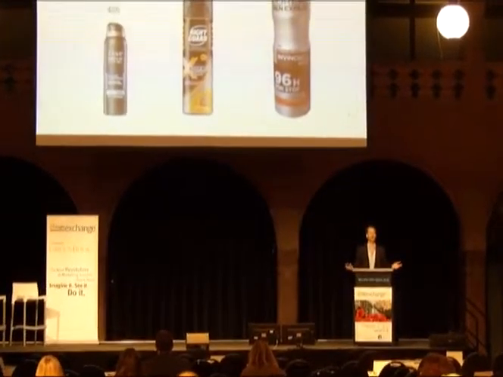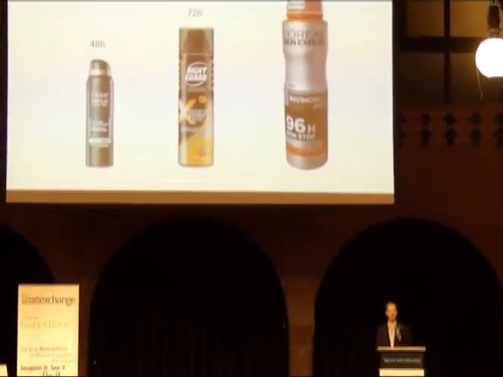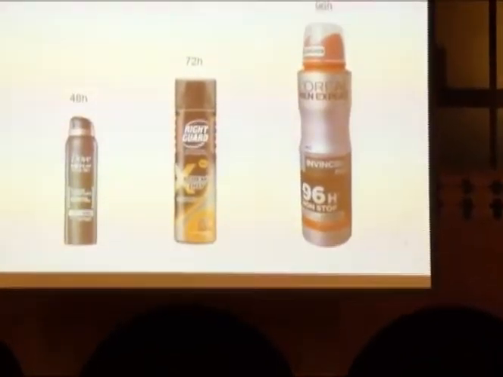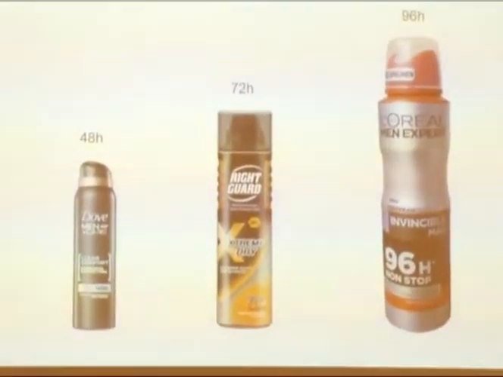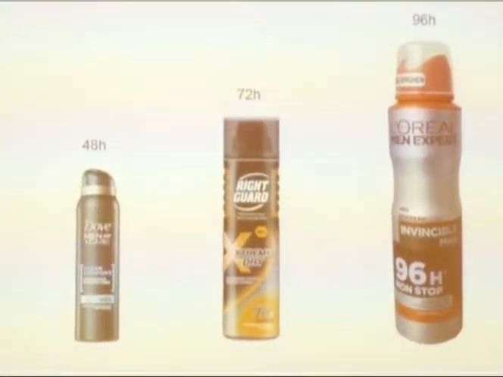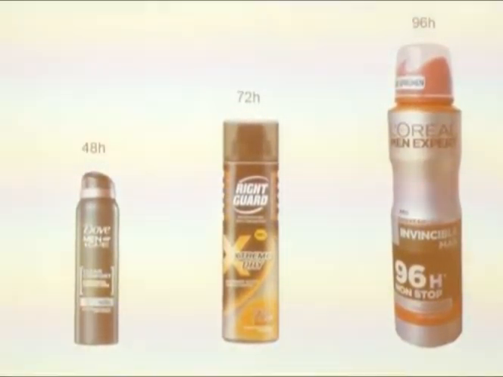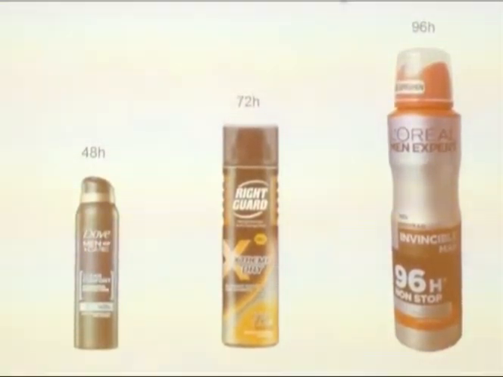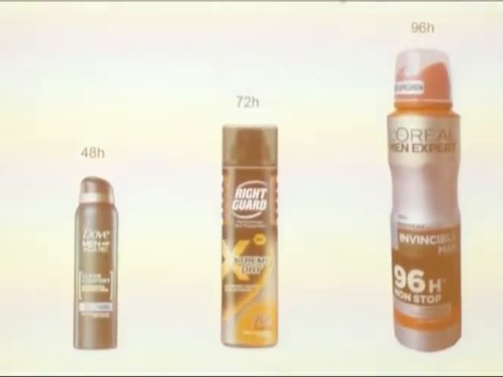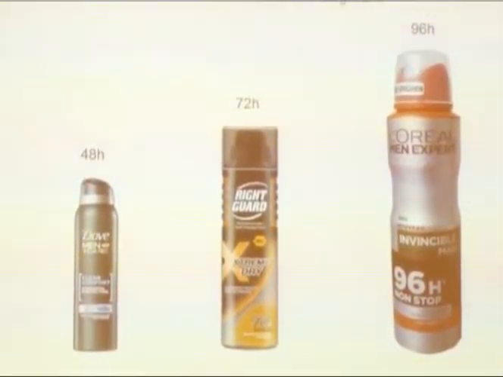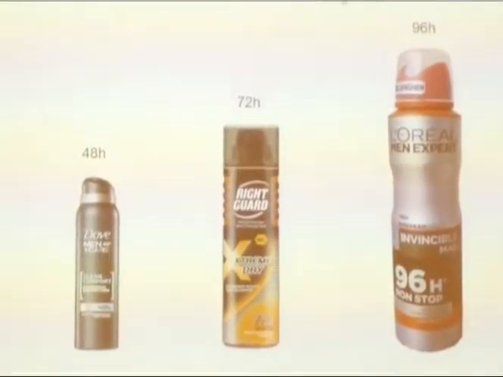So what do you do? For sure, you screen the other products. There are some deodorants which have 48 hours antiperspirant protection, so 2 days. Others have 72 hours, 3 days. Others, 96, which are 4 days. So do you want to develop a deodorant with 120 hours of protection, with 5 days? 5 days not showering, maybe?